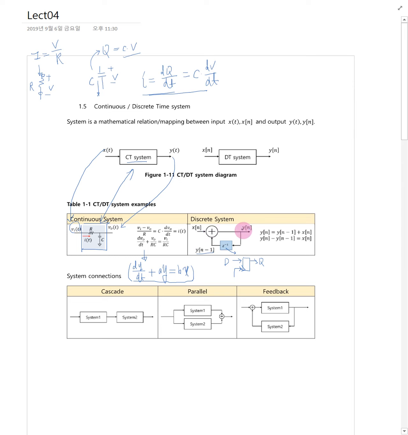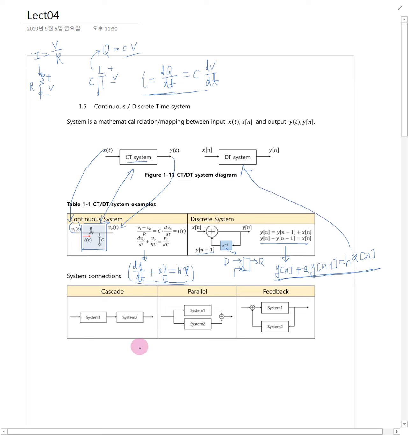In that case, y[n] can be described this way: y[n-1] plus x[n] is the output. In general, we can describe that as y[n] plus a times y[n-1] equals b times x[n]. This is quite similar to the continuous one. In the discrete time version, it is a difference equation. That's the discrete time system.